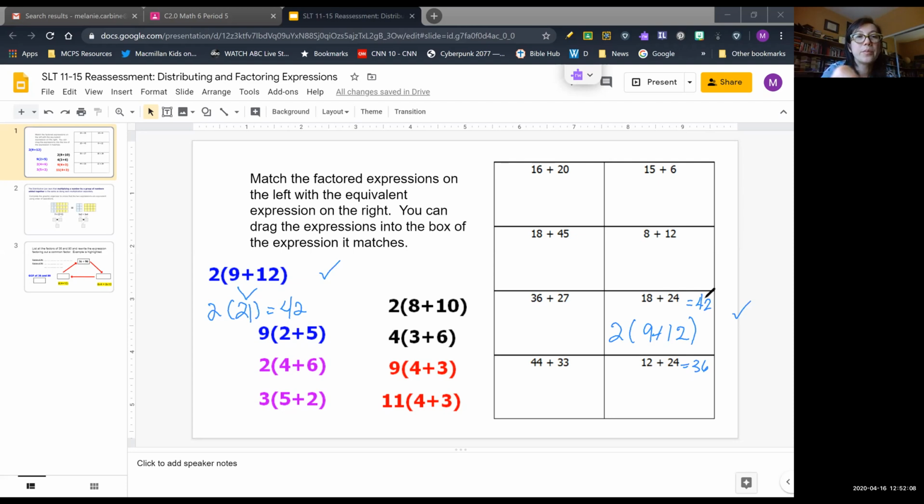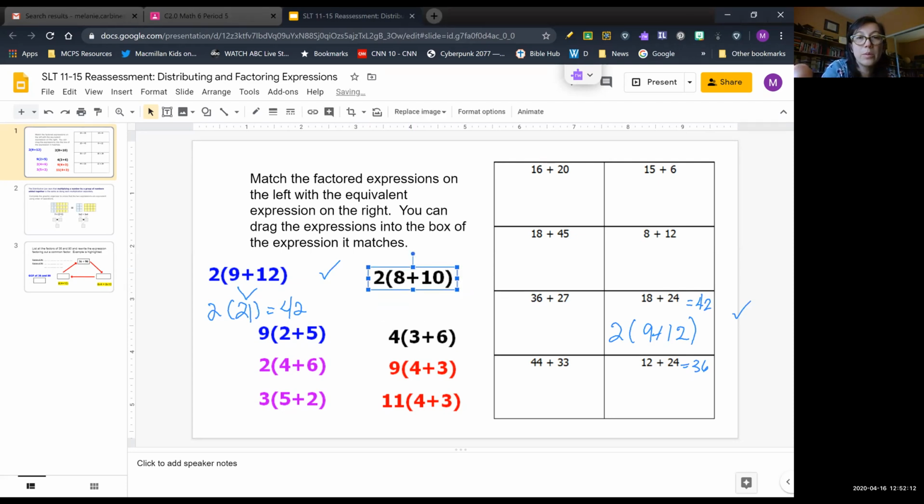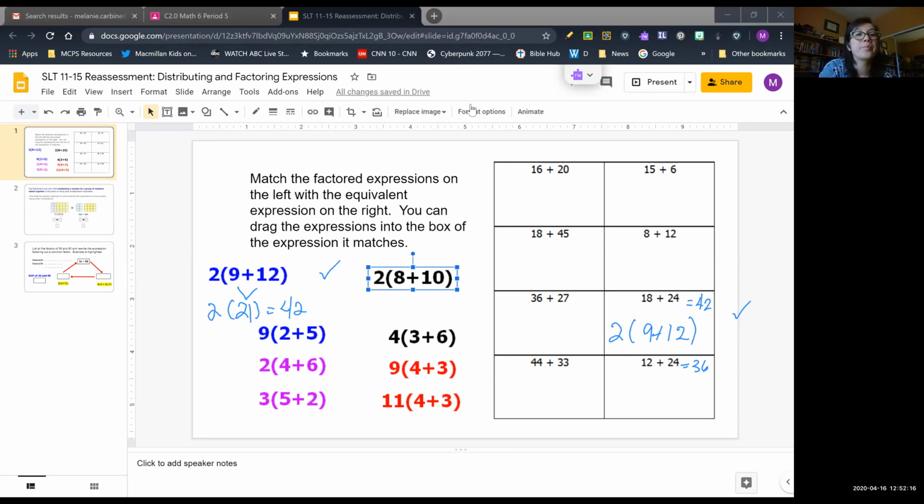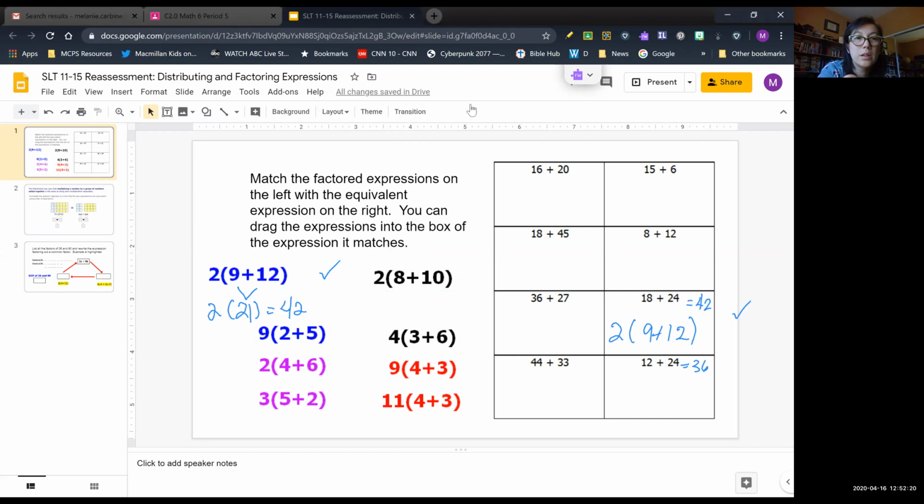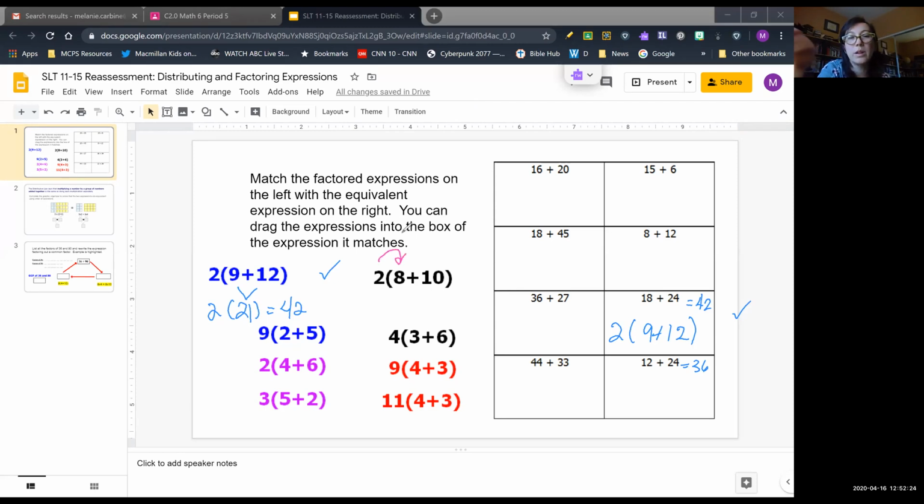Another strategy would be to go ahead and distribute. 2 times 18, and I'm drawing an arrow to show you that I am multiplying the 2 and the 18. 2 times 8 is 16.